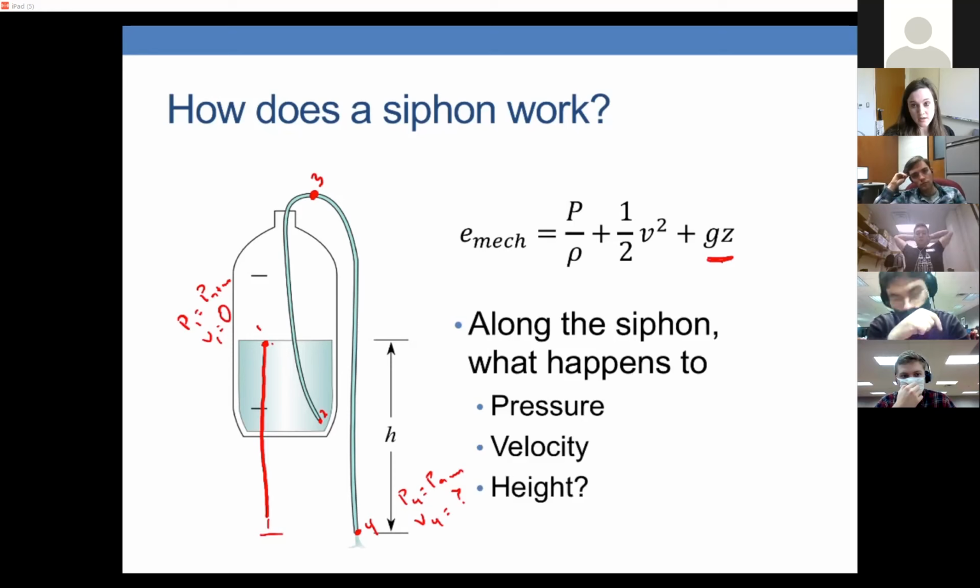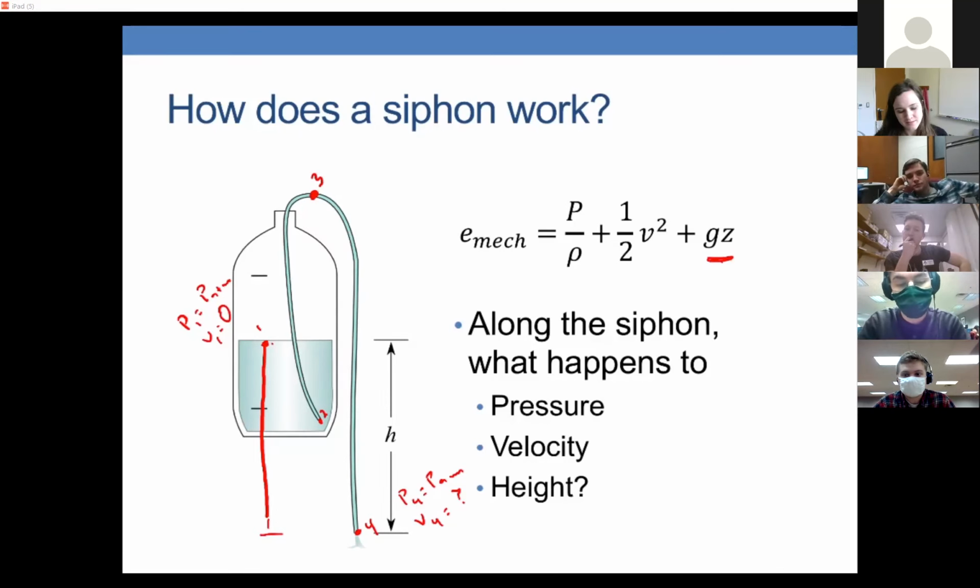So as we're going along the siphon, what happens to the pressure? KK, could you describe to us what you think happens to the pressure as we go from point 2 up to point 3 and down to point 4?